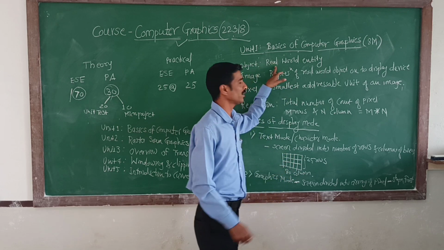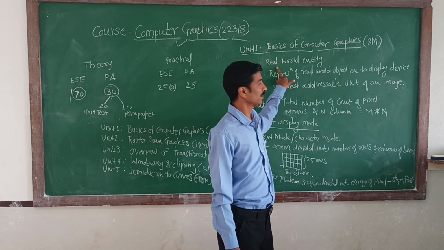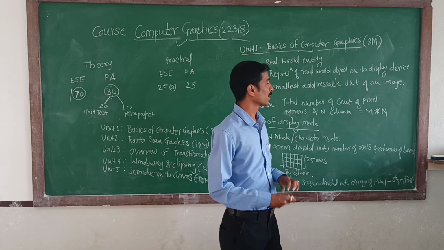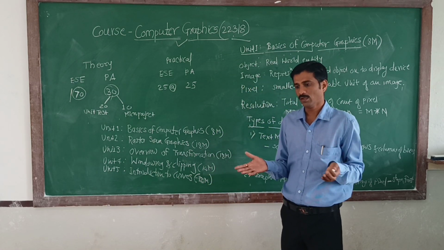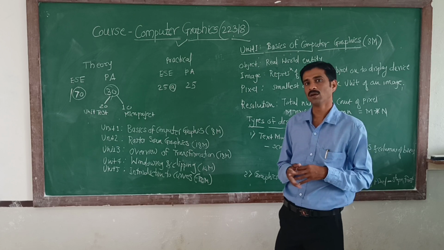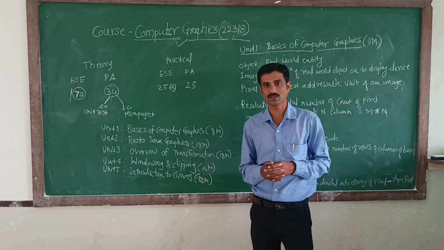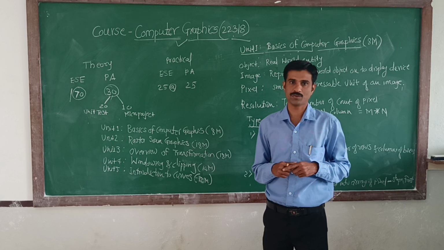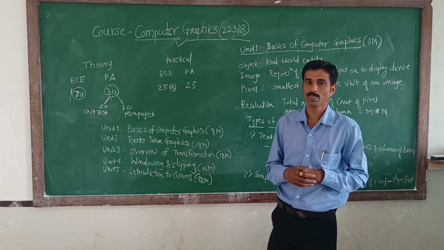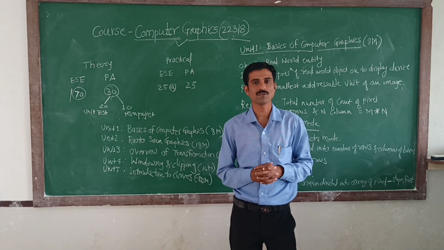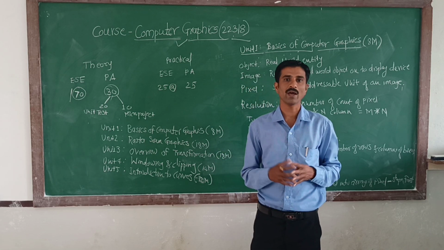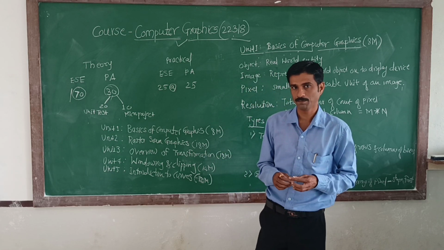So any real world entity is called an object. Then it requires 3-dimensional coordinates for representation of an object. In computer graphics you require 3D coordinates.